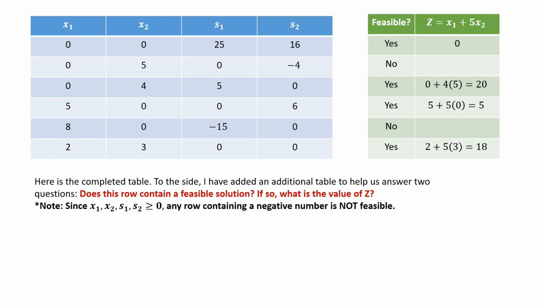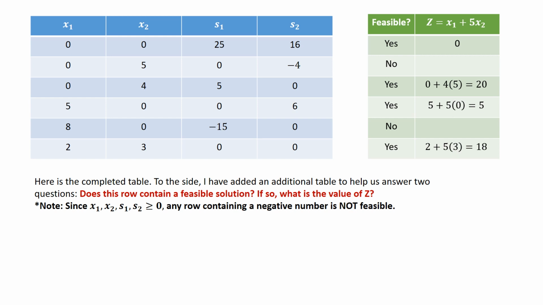Row 4, I have no negative numbers, so that is also a feasible solution. So I will plug 5 and 0 in to z, and I will get 5. My next row is not feasible because s1 has a negative 15 as its value.